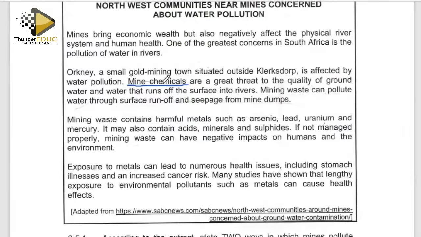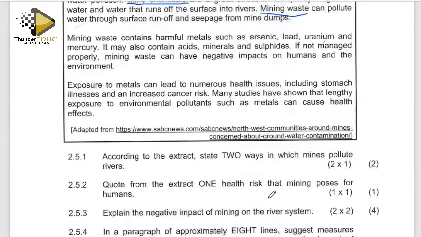So mine chemicals is number one. Then mining waste can pollute water through surface runoff and seepage into mine dumps. So mining waste and mine chemicals, those are the two ways in which mining activities pollute rivers.